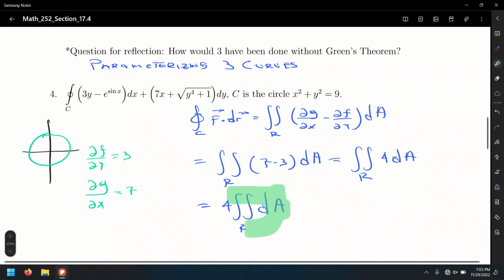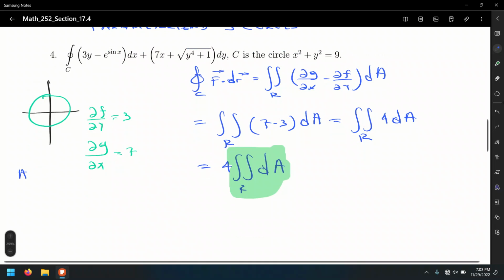This integral that I'm highlighting without the 4, what does that represent? It's the area. Can we find the area of this circle instead of evaluating a double integral? Oh my God, right? So area equals pi r squared, area equals pi times 3 squared, which is 9 pi.